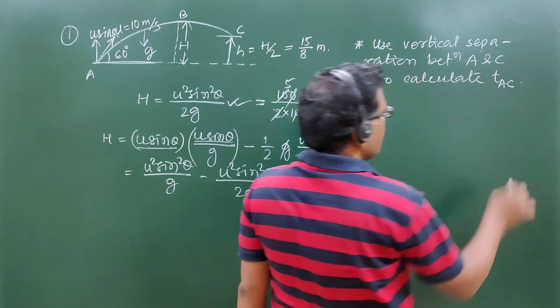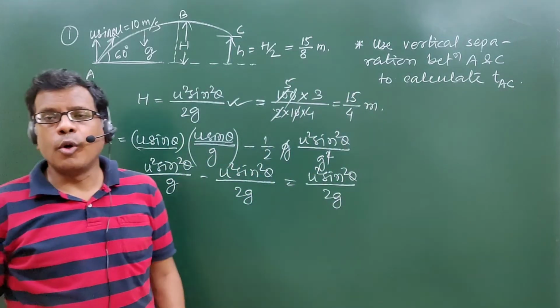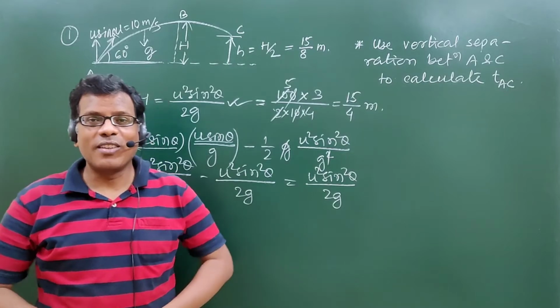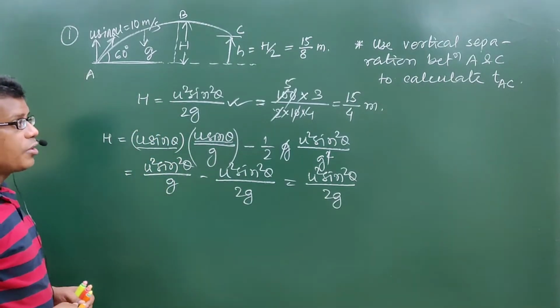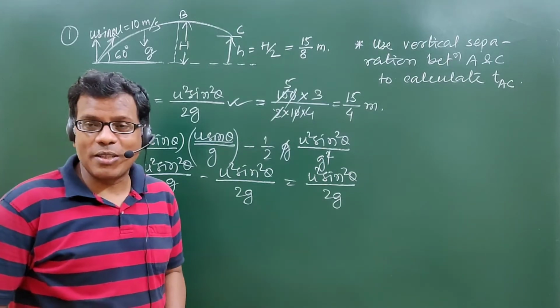To calculate time of journey between any two points when they are not appearing on a same horizontal level, then what should we do? We should use the vertical separation between them.